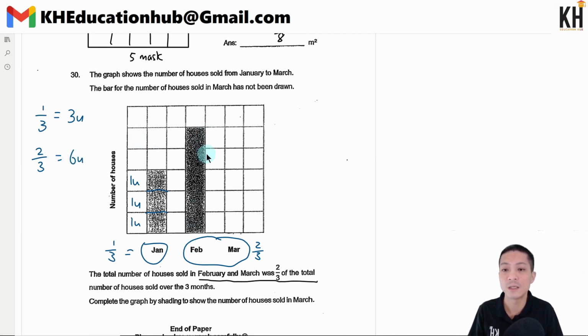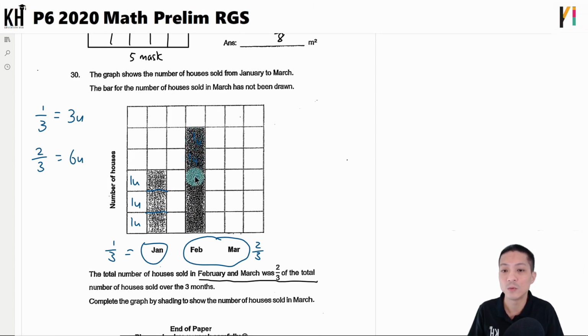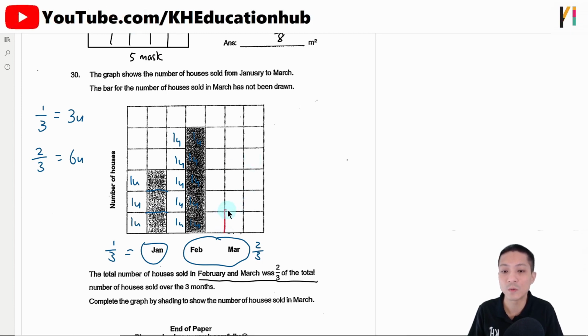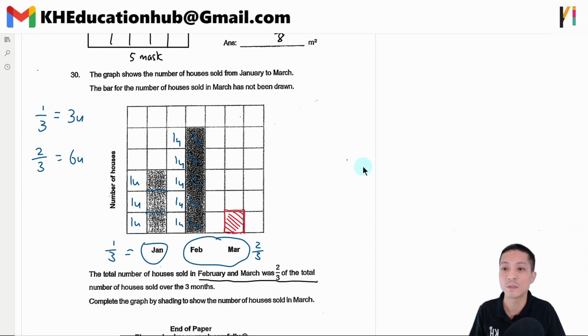Okay, and then you can see that in February, it will be 1, 2, 3, 4, 5. That means in March, it's got to be 1 block, right? 1 unit, because the total in February and March is 6 units. Okay, so this will be the answer for question 30.